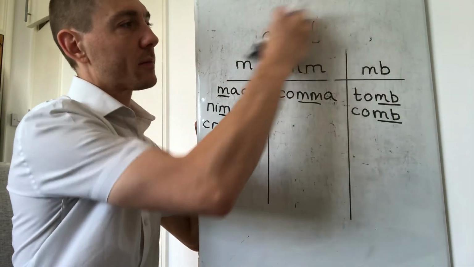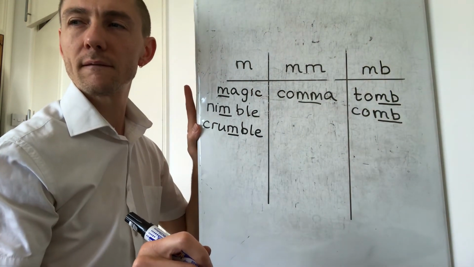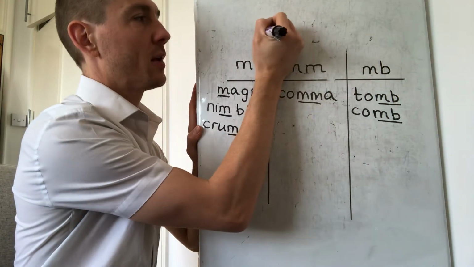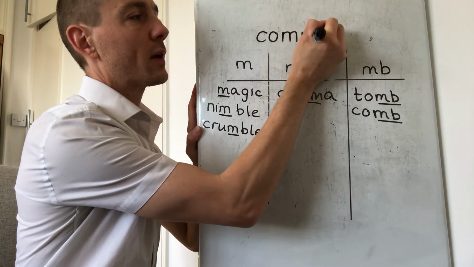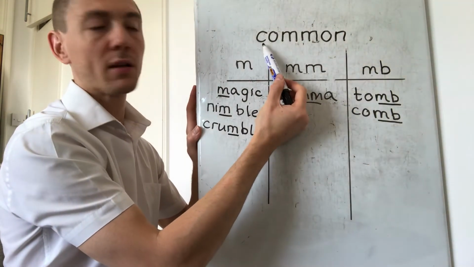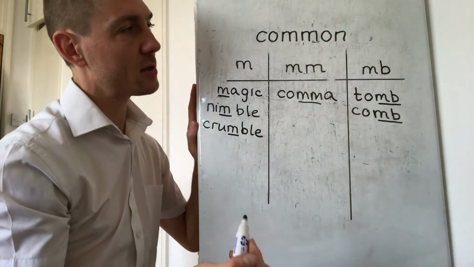Okay. Let's have, yeah, okay, one more. The word is 1, 2, 3. Common, good. Okay, over to you.